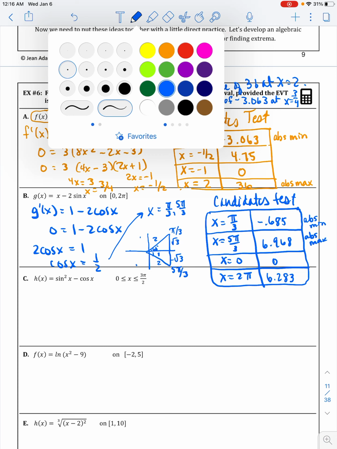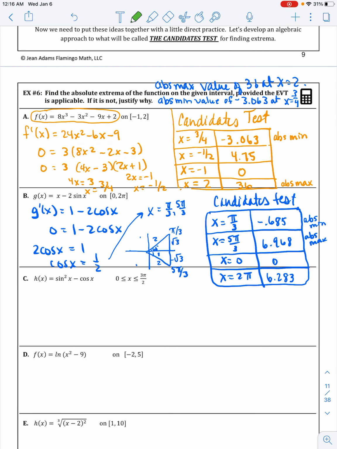And so I'm going to use a different color again, because I ran out of space again. I have an absolute min value of negative 0.685 at x equals pi over 3. And I have an absolute max.